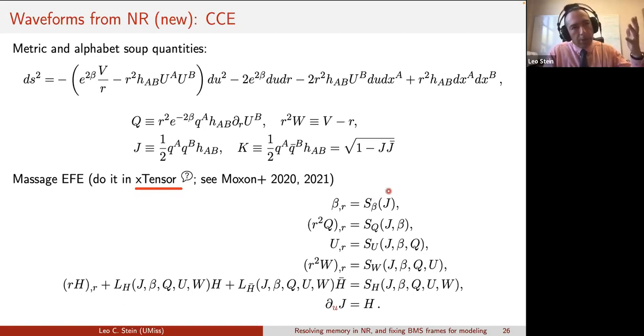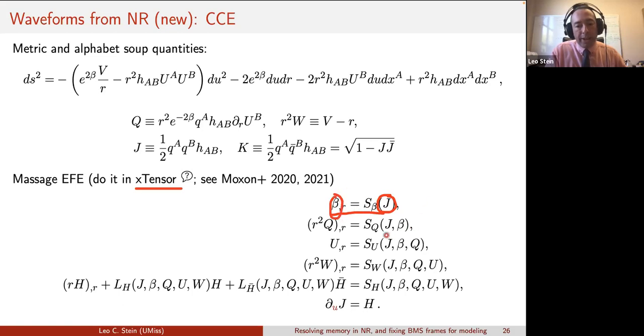There's a whole bunch of variables that you want to simulate. There's hypersurface equations, and then there's an evolution equation. So you get a whole bunch of equations that are ordinary differential equations in the radial direction. If you have data for J, whatever this J quantity is, it's like strain, then you can integrate this equation to reconstruct beta.